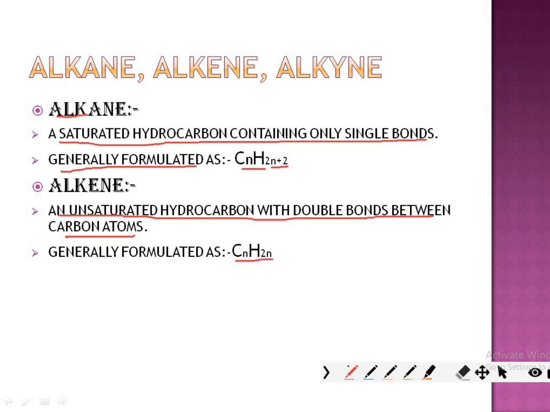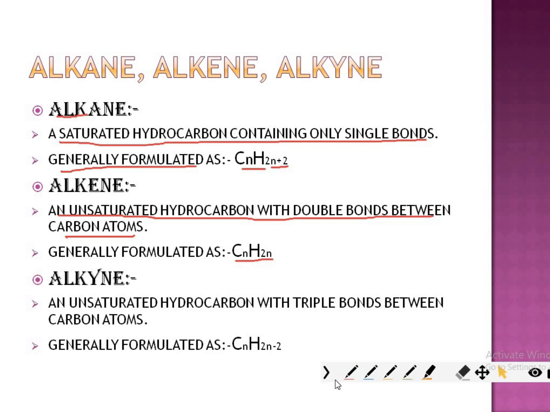It is formulated as CnH2n. I will give examples of this. Now alkyne is an unsaturated hydrocarbon with triple bonds between carbon atoms. It is denoted as CnH2n-2.